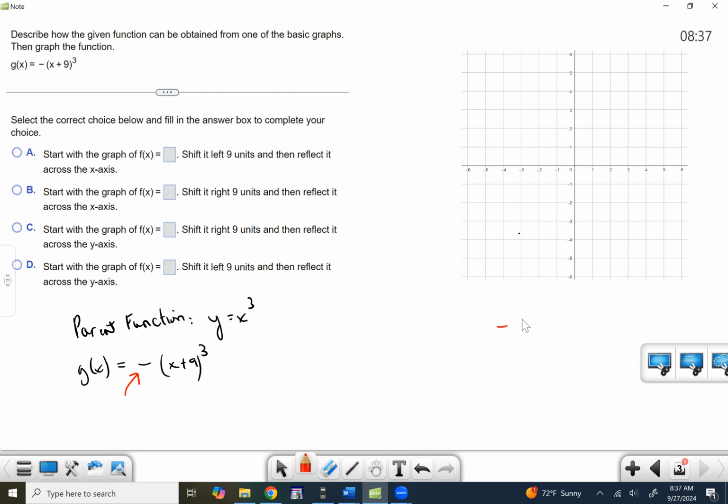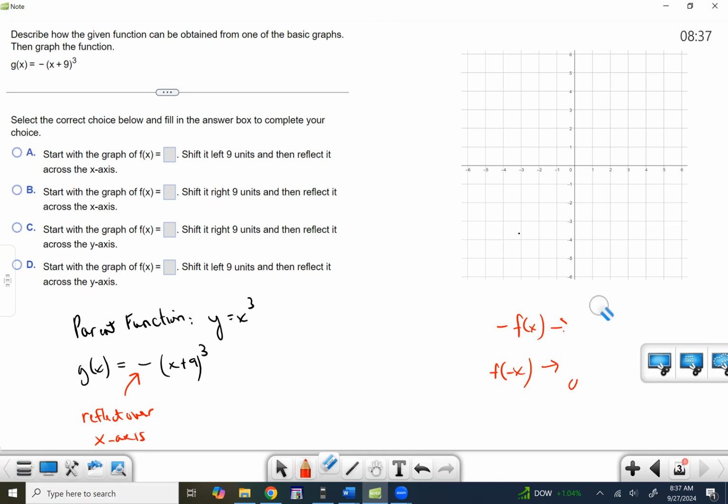If it's out front, that's different than inside. This is the one that's going to be over the x-axis. This is going to be the one that's over the y-axis. So we have the situation where it's out front. So we're going to reflect over the x-axis.